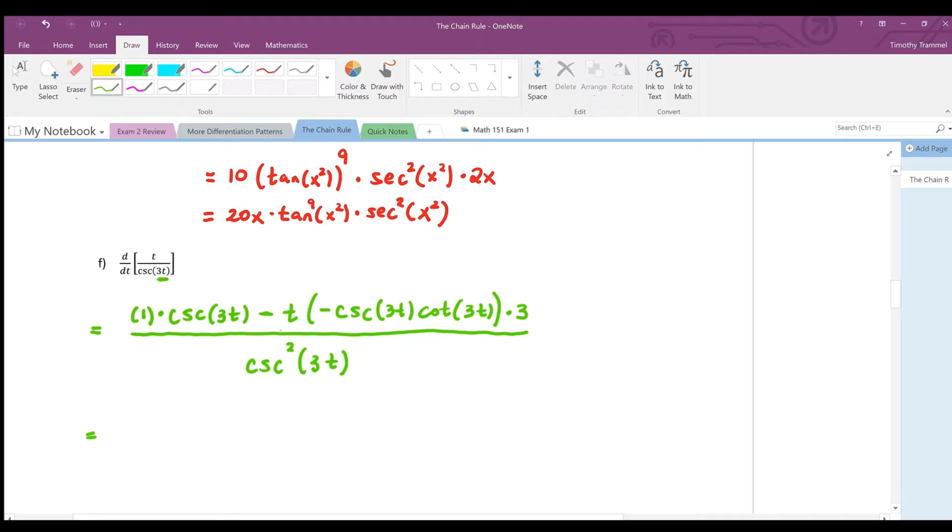All right, let's go ahead and distribute, and see if there's anything we can combine here. Doesn't look like there is, so we have cosecant of 3t. We have a double negative, so plus 3t times cosecant of 3t cotangent of 3t, and then all over that cosecant squared of 3t.